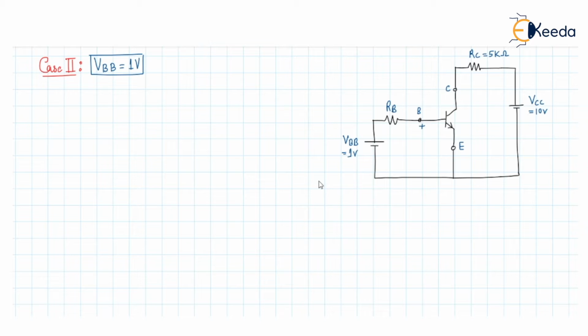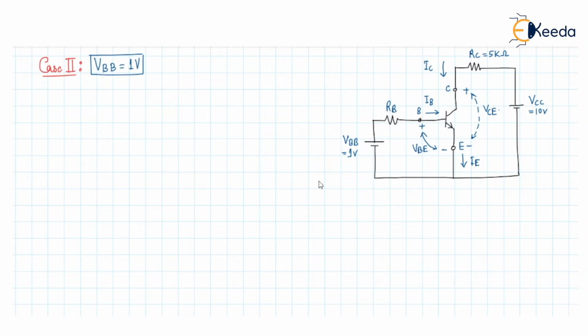This potential right now is VE, and this potential is right now the VC, and some amount of current flowing into the collector is IC, and some current is flowing into the base, that is IB, and there will be a current IE here.